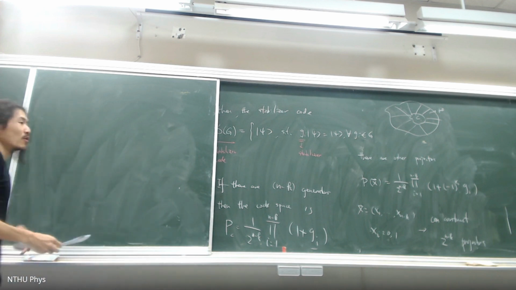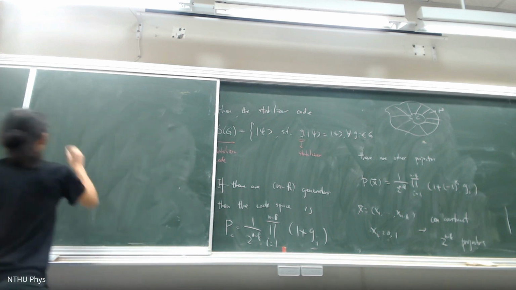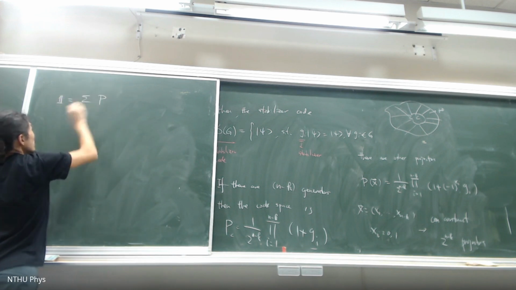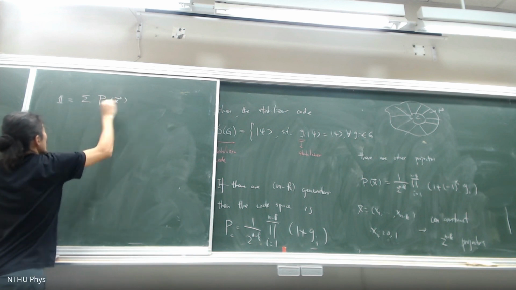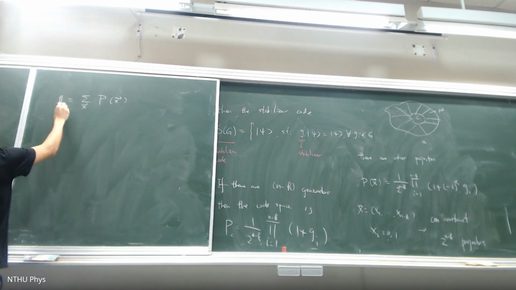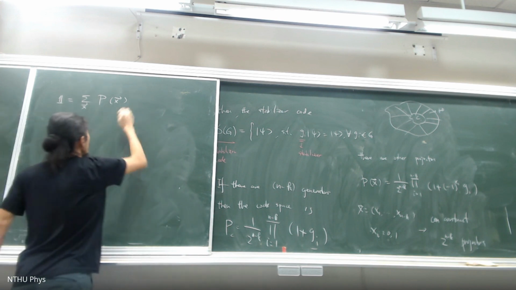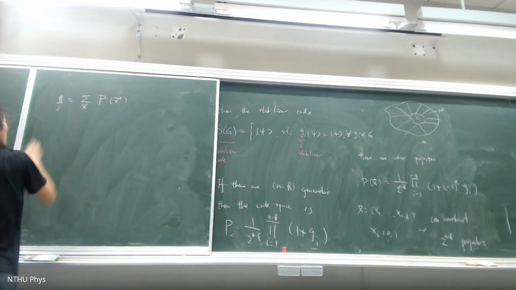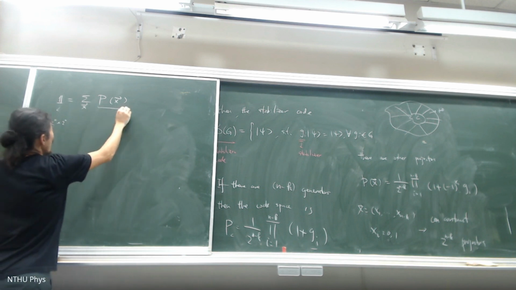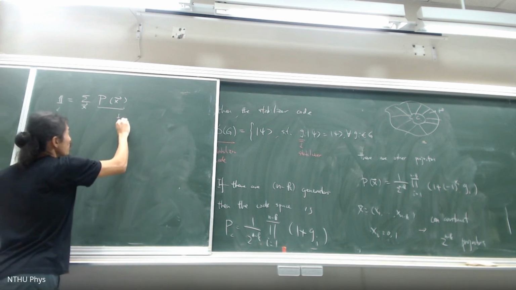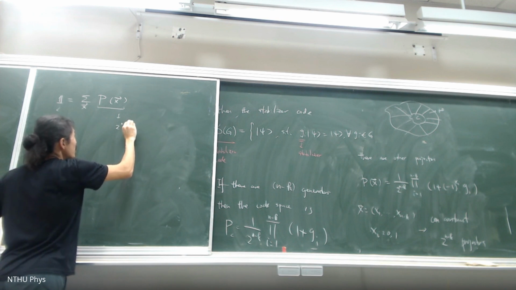So the identity is equivalent to the sum over all projectors. This can be considered as some kind of block form. The dimension of this is 2 to the power n times 2 to the power n. I want to ask how large is each block. Now I have 2 to the power n minus k blocks.